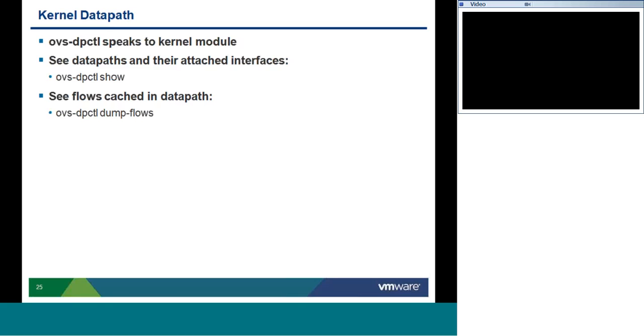Is there any difference between ofctl and vsctl commands? Well, ofctl is speaking OpenFlow, so that's flow table configuration. And ovs-vsctl is communicating with the database and is doing switch-level configurations, things like adding ports and creating bridges, that sort of thing.